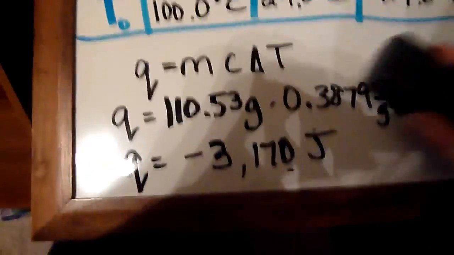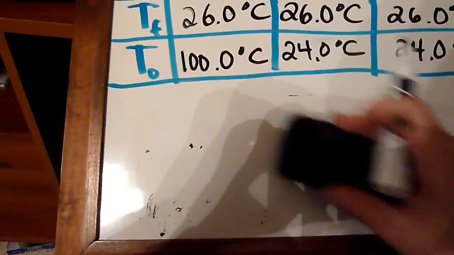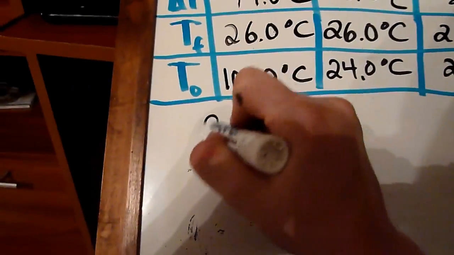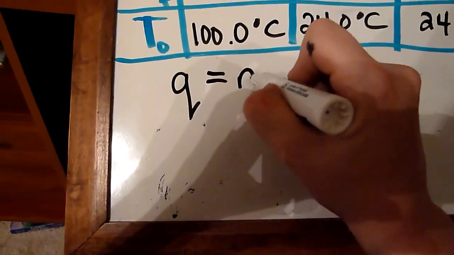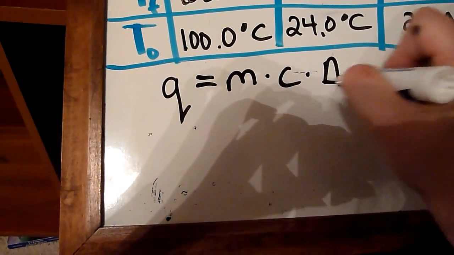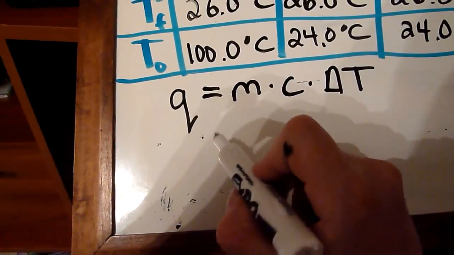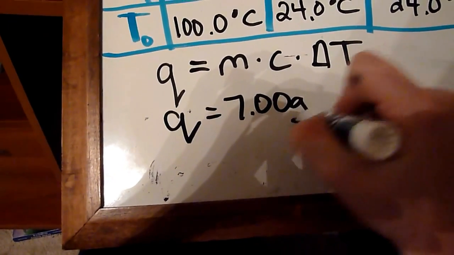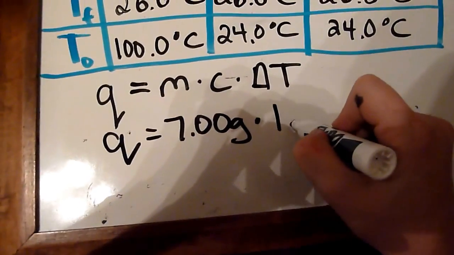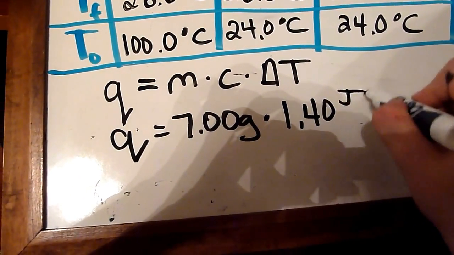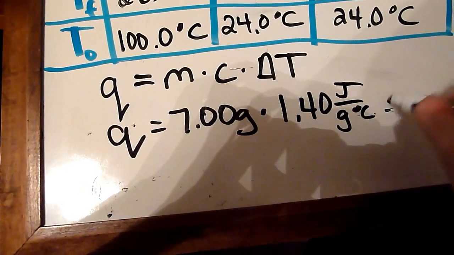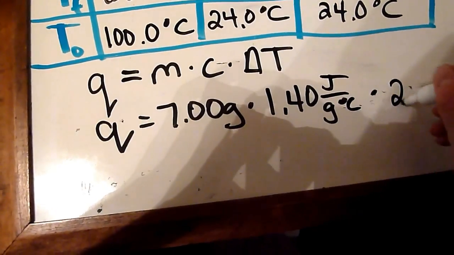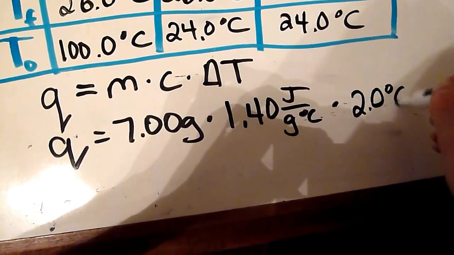So maybe we'll erase just to save some space here. I could also find the heat that the calorimeter gained in exactly the same way. Heat is equal to mass times specific heat times change in temperature. So our heat for the calorimeter will be the mass, 7.00 grams, times the specific heat, 1.40 joules per gram degrees Celsius, times our change in temperature, which is going to be 2.0 degrees Celsius.